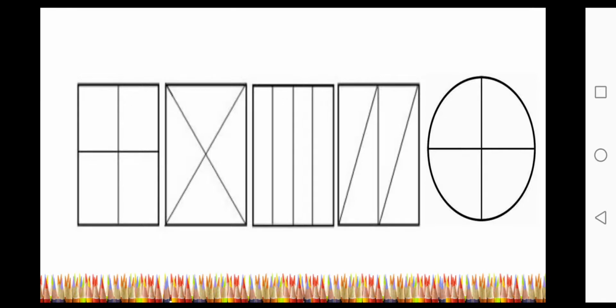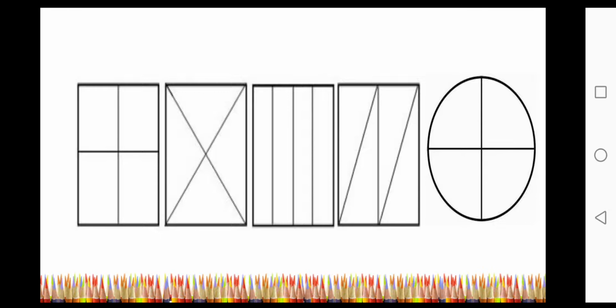These shapes are divided into 1, 2, 3, 4 parts. So each of these shapes is divided into 4 parts or 4 pieces, right? And all of them are equal.